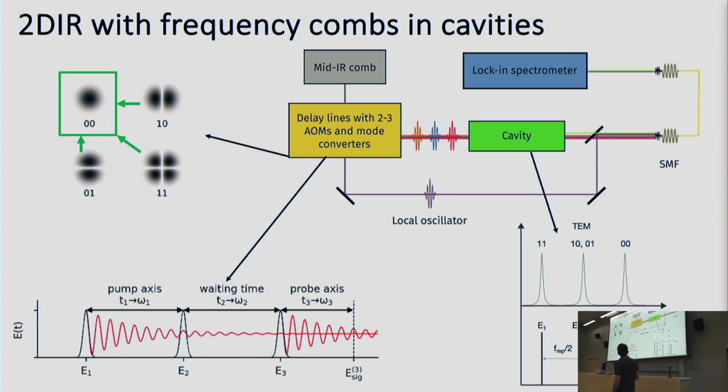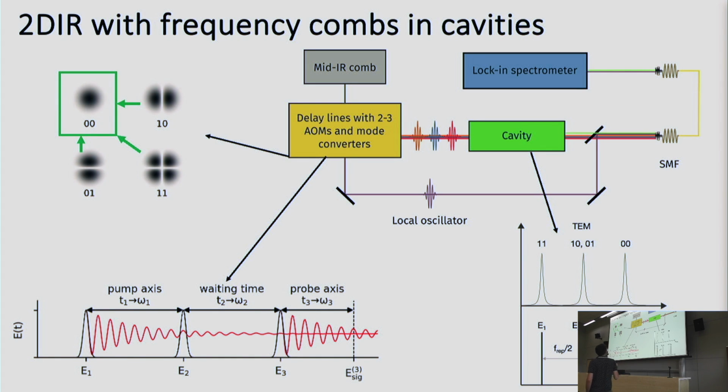So I need a delay line to generate different pulses that would allow me to also change the transverse patterns of these 3 pulses to match the transverse modes of the cavity. And I also need acousto-optic modulators to match the frequencies of my frequency combs to the modes of the cavity. So in principle you can do this.